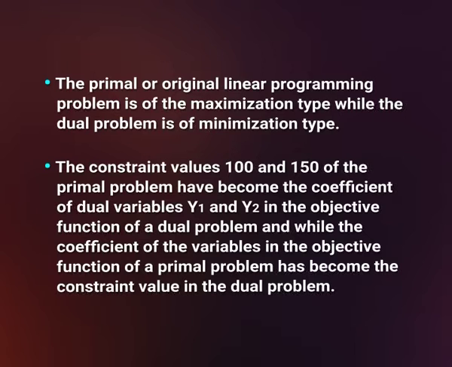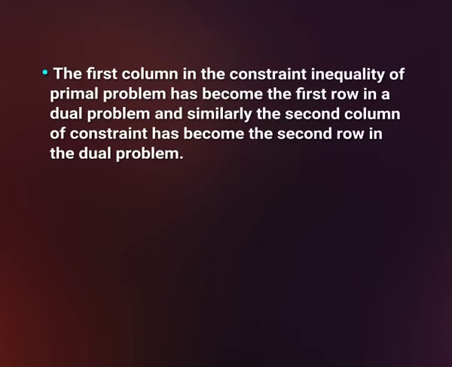The coefficients of the variables in the objective function of the primal problem have become the constraint values in the dual problem. The first column in the constraints of the primal problem has become the first row in the dual problem, and similarly the second column of constraints has become the second row in the dual problem.